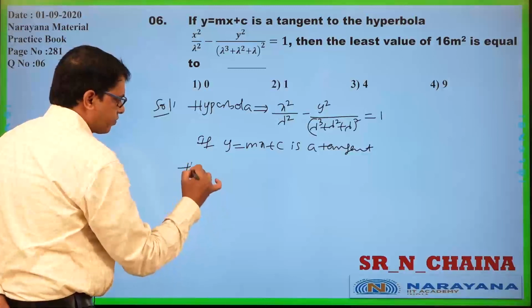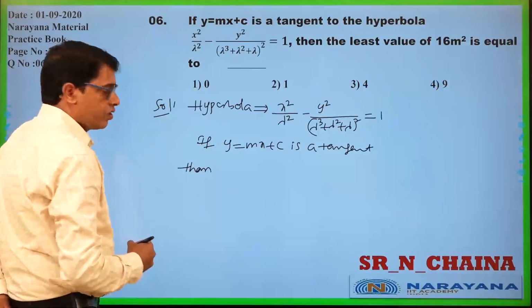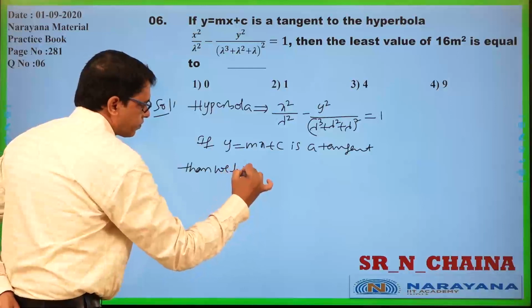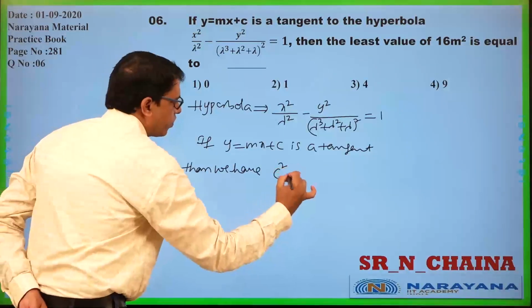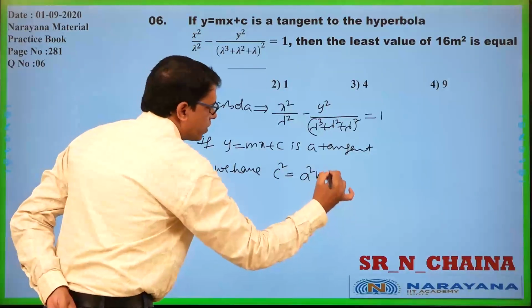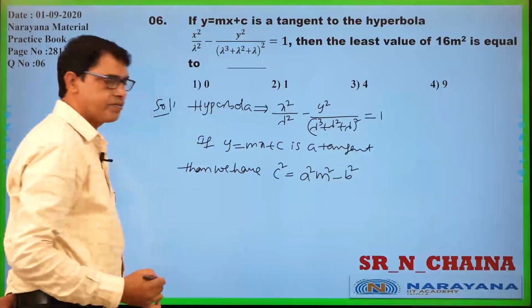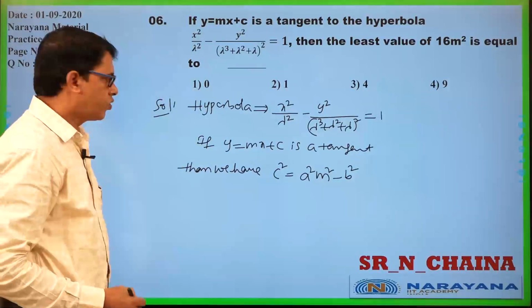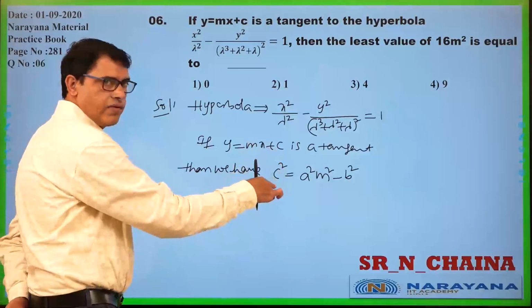What is the condition? So then we have c square equals to a square m square minus b square. Am I right? So c square, in the place of c we are having c only.